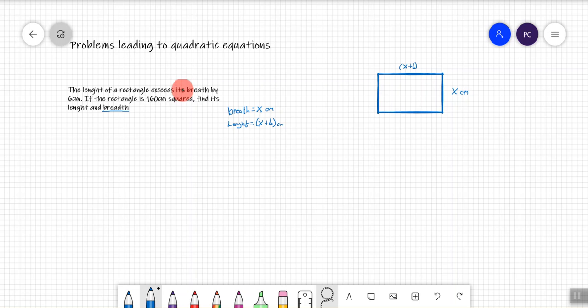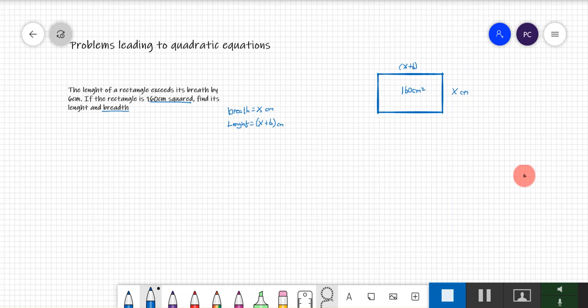And what the question tells us then is that the area of the rectangle is equal to 160 centimeters squared. So the area inside here is 160 centimeters squared. If we want the area of a rectangle, remember it's breadth multiplied by length. So we take the breadth multiplied by the length and make it equal to 160.